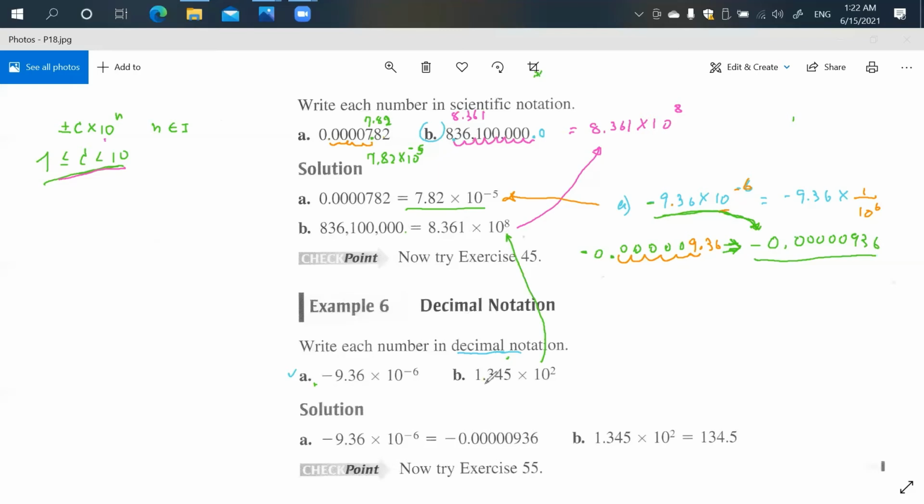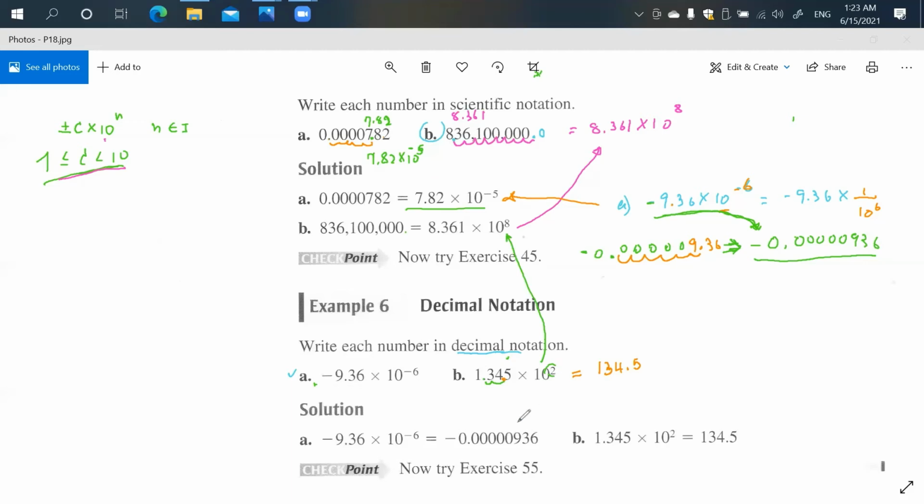You count 2 digits because the power is 2 here. So you count 1, 2. The decimal point is going to be here, and then 3, 4. So the final answer after you move to decimal notation is 134.5. Just do the opposite, that's all.